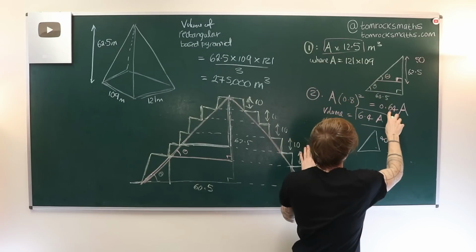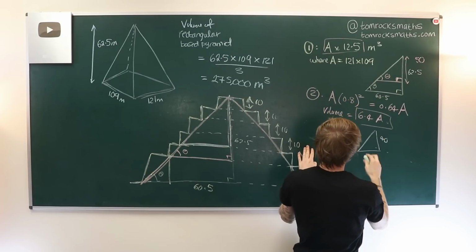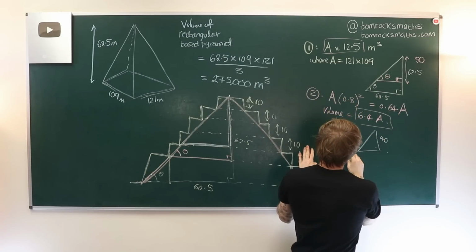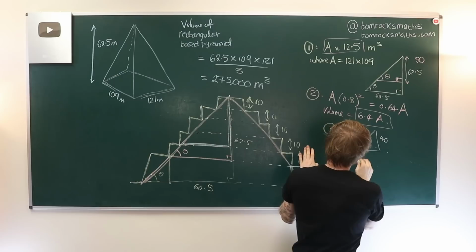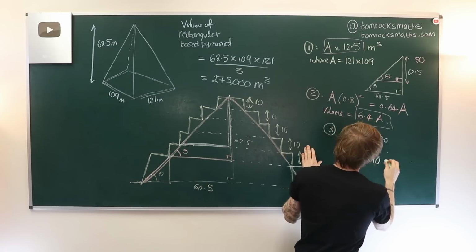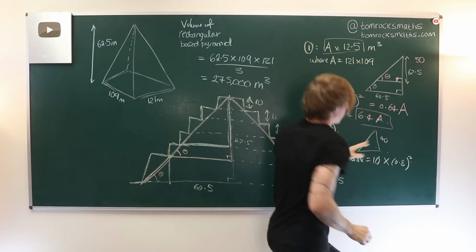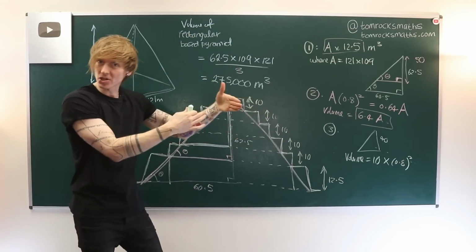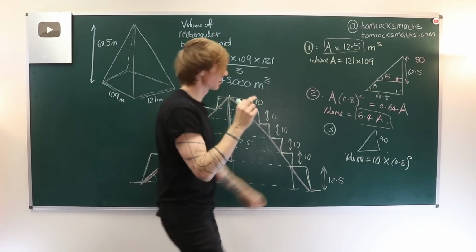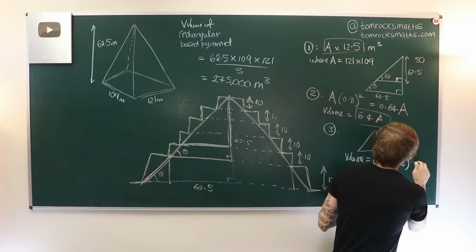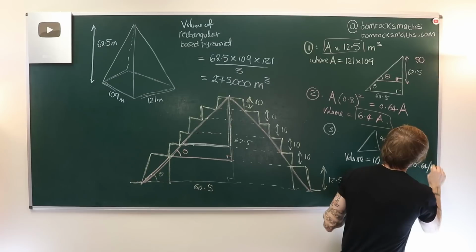the area of the base as 0.64a, so the new area, or the new volume, if I do it properly, is the height times 0.8 squared, one factor for each dimension in that base, multiplied by the old one, which is 0.64a.